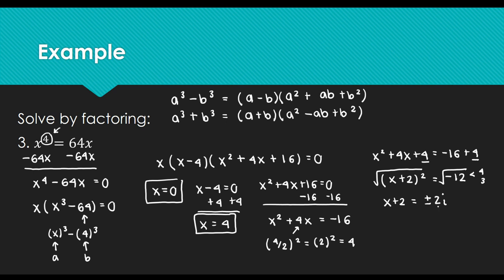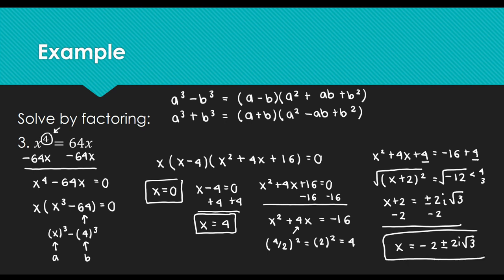Square root of 4 means that 2 moves to the outside with the i, and the 3 will stay underneath the radical. I'll subtract the 2 over, and so then my other 2 solutions would be negative 2 plus or minus 2i root 3. So there are my 4 solutions, because 2 of them are right here, 4 and 0.